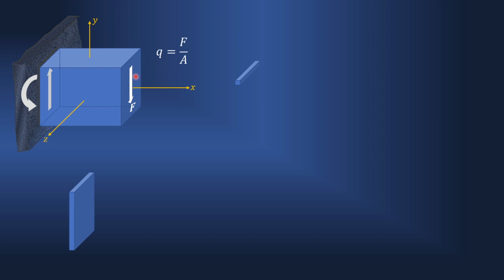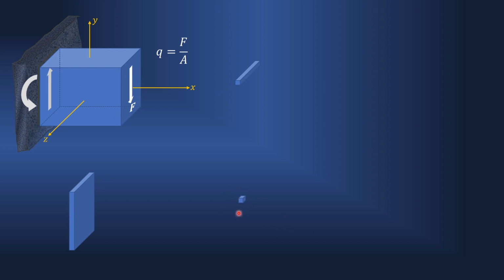Now we'll cut this object by two z planes. This is a z plane. So we'll use two z planes which are very close to each other. The distance between these two planes is dz. Okay, so let's cut this block. This is that block and I am cutting it by two z planes. So now we got a small portion of this block.